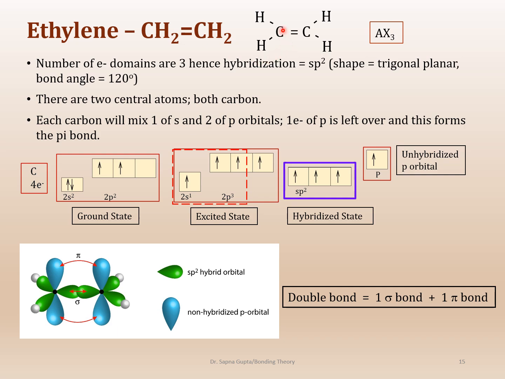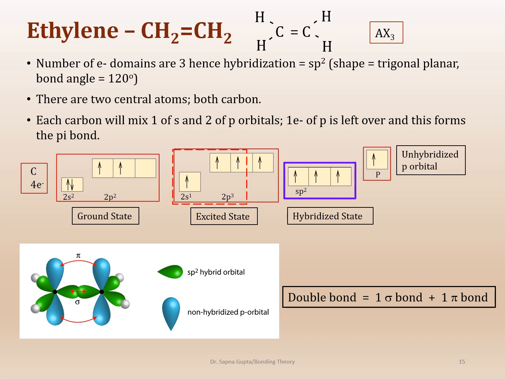It's sp2 hybridized because if you look at the central atom, it's going to be AX3: A and then 3 atoms attached to it, 3 electron groups. If it is AX3, the electronic geometry is trigonal planar. The main reason that we are coming up with sp2 hybridization is because of the 3.